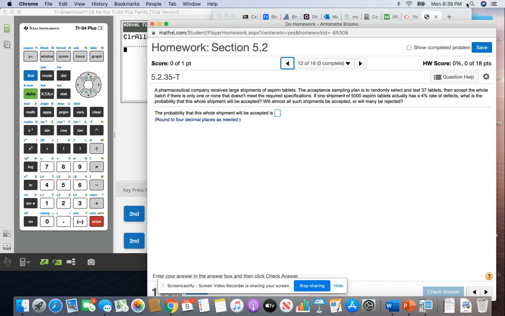That's what's going to be the parameters for the whole shipment to be accepted. Again, the shipment will be accepted if and only if, when I test these 37 tablets, either zero or one of them is defective.